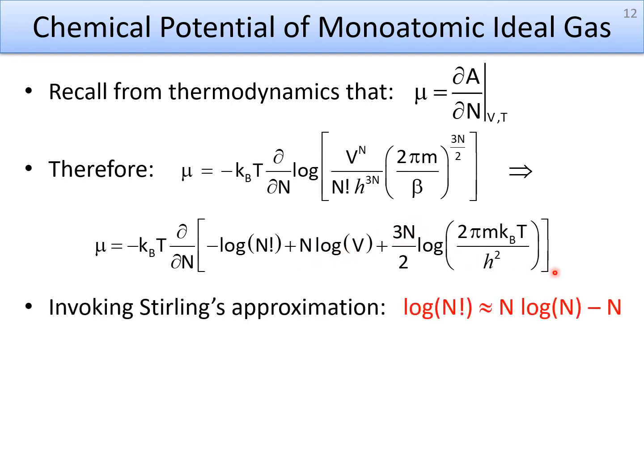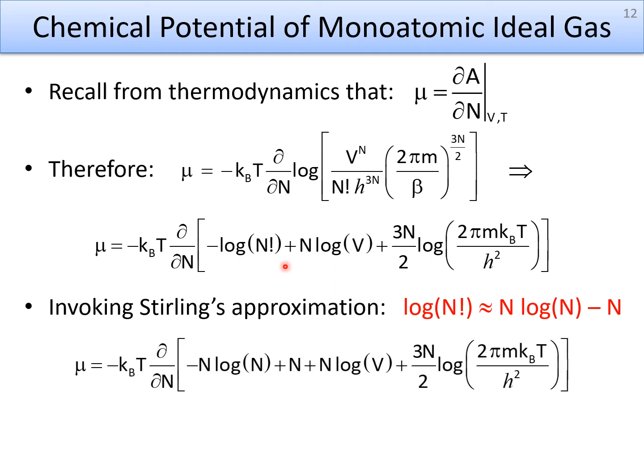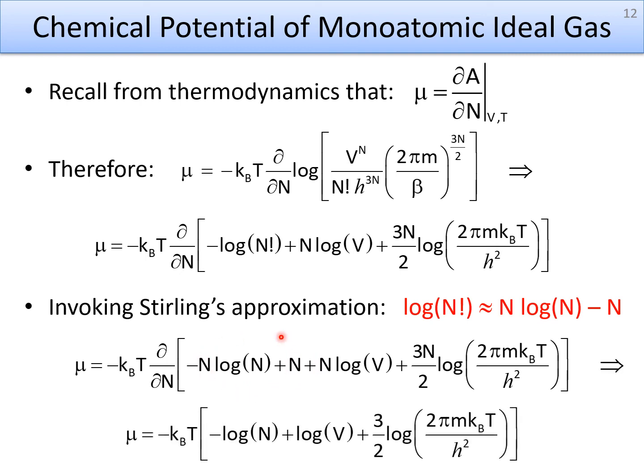So now we can invoke Stirling's approximation, remember this, and we can just take care of this term here. So this is what I get. Right, this term is substituted by this expression here, by the approximation, and then by putting everything together, I end up with this.